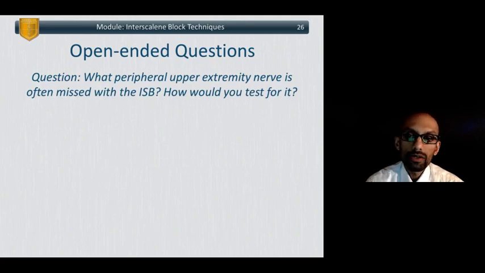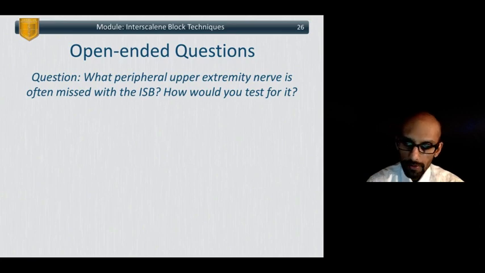What peripheral upper extremity nerve is often missed with the interscalene, and how would you test for it? So remember, you're giving local anesthetic in the interscalene groove, and it's the lowest nerve roots, the C8 level, T1 level, where the local anesthetic has the hardest time penetrating. And those roots tend to converge on the ulnar nerve. So the ulnar nerve is oftentimes missed with the interscalene for that reason.